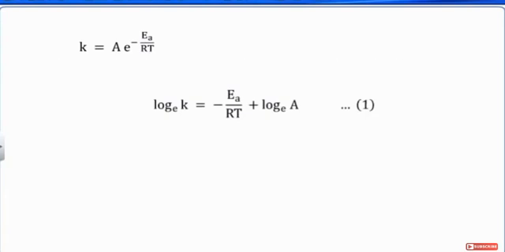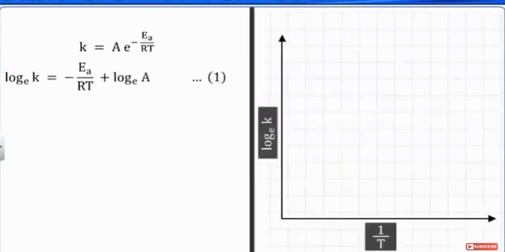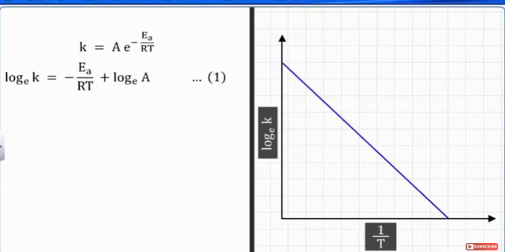If we plot log to the base e of k versus 1 by T on a graph, we get a straight line with slope minus Ea by R, and the y-intercept as log to the base e of A.